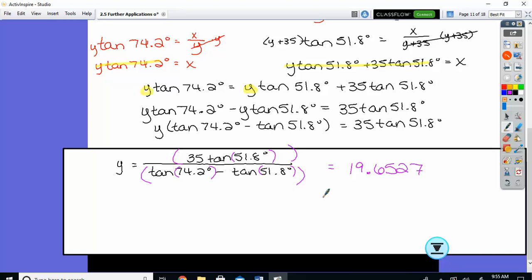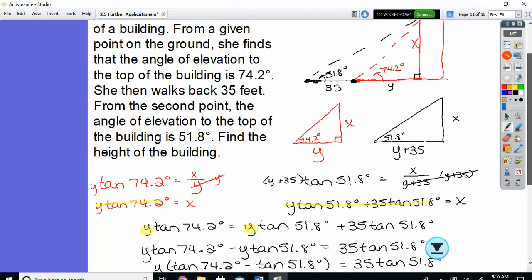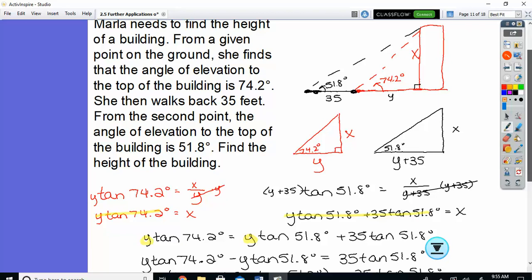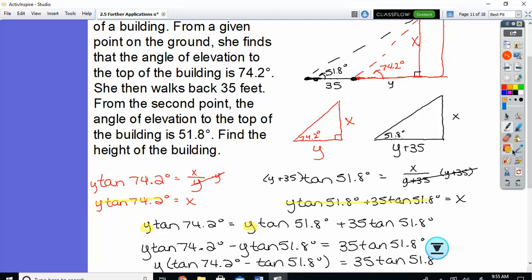We found y now. The directions said to find the height of the building. If I'm looking at my picture, the height of my building wasn't y, it was x. We can find it just by using one of these equations. I prefer the nicer one. X is just y times the tangent of 74.2.